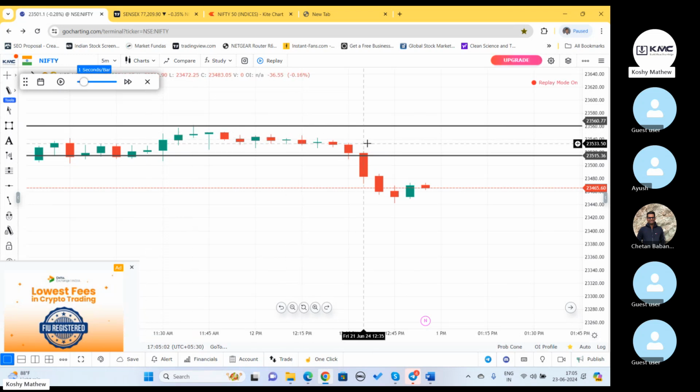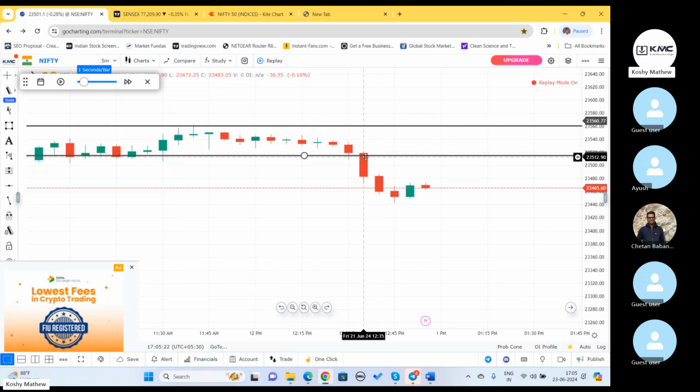Again, I'm telling you, the longer the consolidation, the higher the risk reward ratio will be for you towards upside or downside, whichever side the market goes. But you need to have patience. Some people don't have it. They'll book the profit here or take the loss here. They'll jump off because they cannot wait.